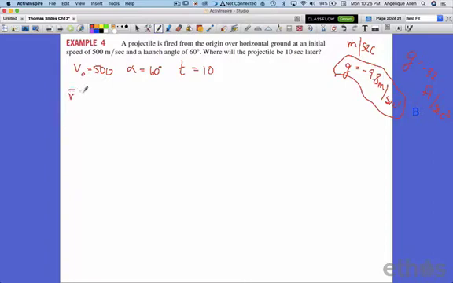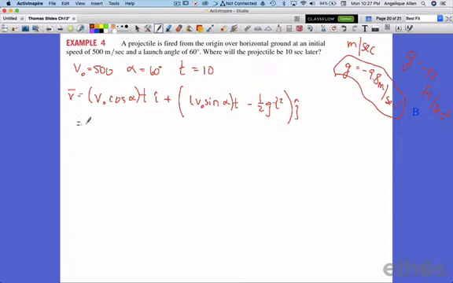All right, so we're going to fill in. We've got our r equation, v naught cosine of alpha t times i, and then we've got v naught sine of alpha times t minus 1/2 g t squared, and that's our vertical component. Now, substituting all the values we have, we're going to have 500, and the cosine of 60 degrees is going to be 1/2, and time is 10 seconds.